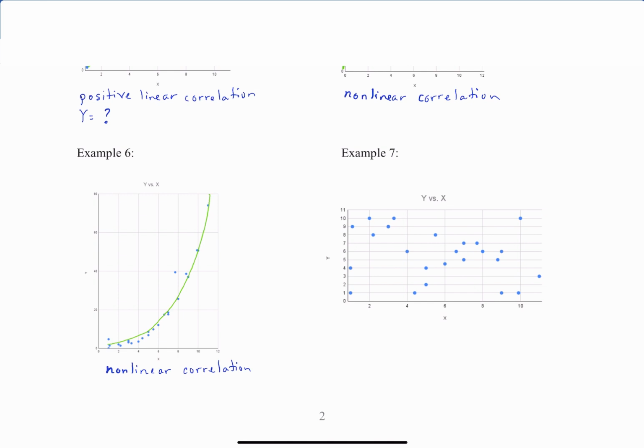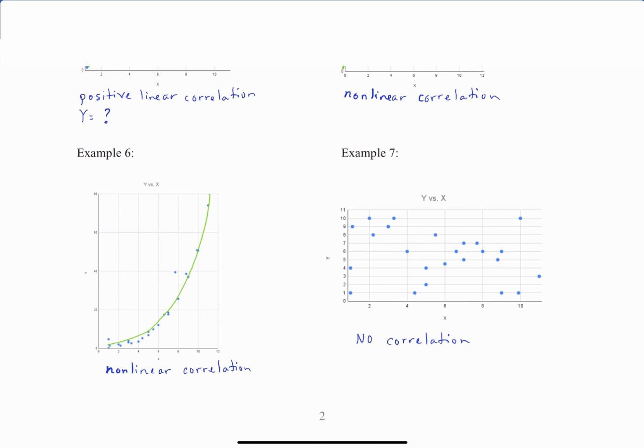But if you look at example 7, boy, those dots are all over the place. They just look totally random. There's no line or curve that I could draw through the dots in example 7. This is what it looks like when there is no correlation between the variables.